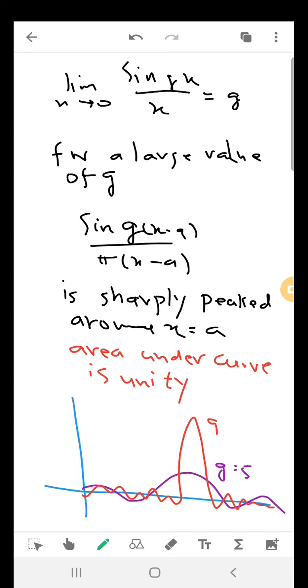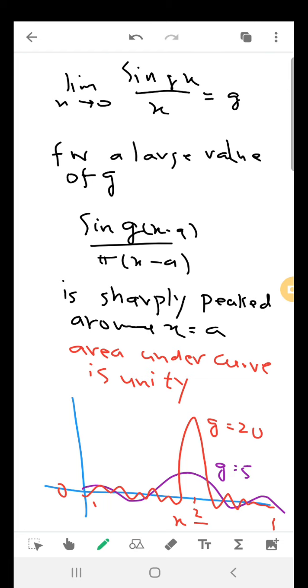So this is for g is equal to 20. That's with respect to x, and this is 2 and 1 and 3. This is how this function looks like.